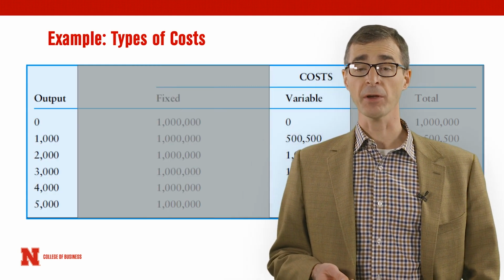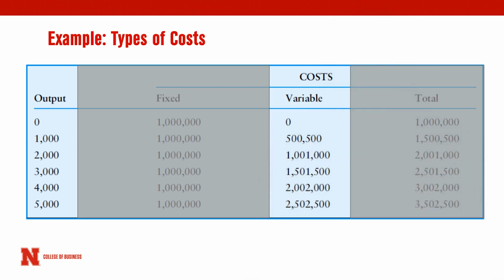On the other hand, the variable costs, which include both the labor, the salaries or wages for the employees, as well as the input materials, we can see do go up or vary with the level of output. For 1,000 candy bars, such a production level will require 10 employees. Remember, each employee can produce 100 candy bars, so to produce 1,000 candy bars requires 10 employees.